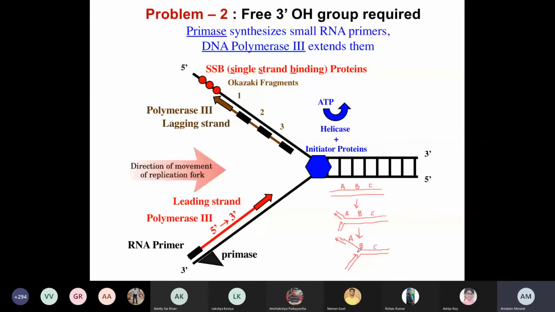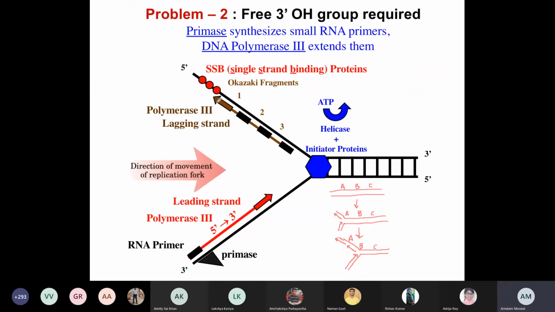But now the primase has to synthesize another primer, which will again proceed in this direction. In the next step, it will be unwound up to point C and again there will be a new primer synthesis proceeding in the opposite direction. So that's why there will be multiple primers in the lagging strand, and multiple primer formation and subsequent formation of the DNA strands.